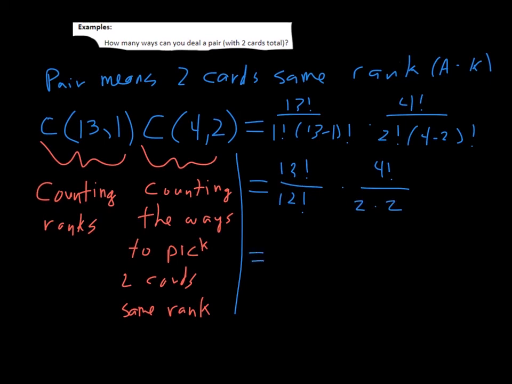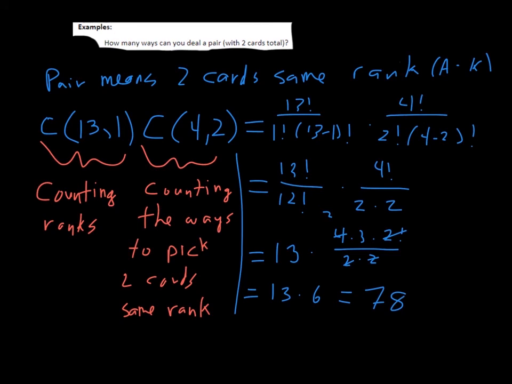So this works out to be 13 multiplied by 4 times 3 times 2 factorial over 2 times 2. So these cancel. 2 cancels with 4 and leaves 2. So we are left with 13 multiplied by 6, which is, what, 78?